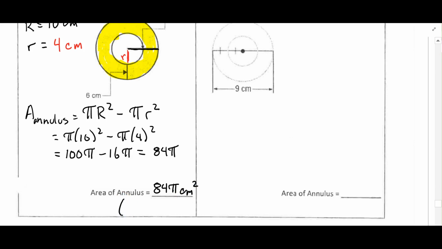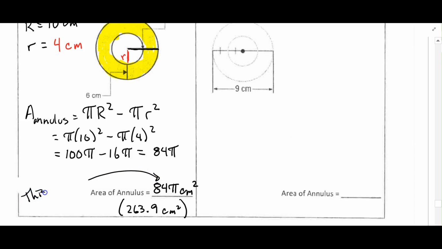Now, if you wanted to just see what this is as a decimal, you could multiply 84 and pi on your calculator and get 263.9 centimeters squared. So just be aware of what I mean if I say answer in terms of pi.